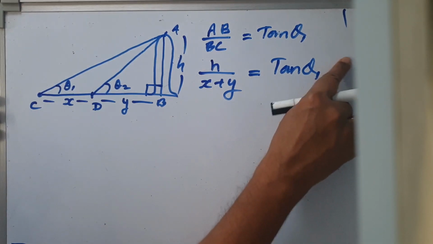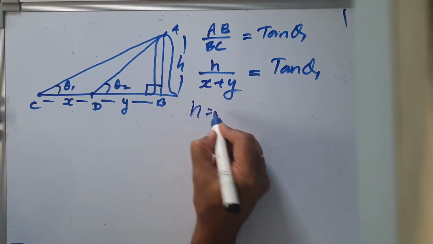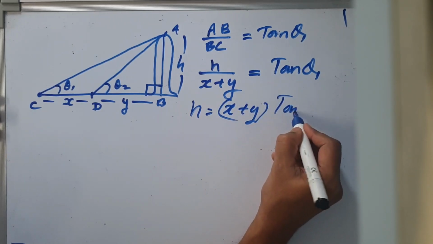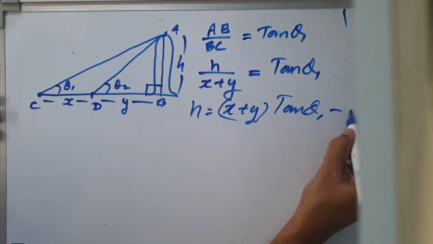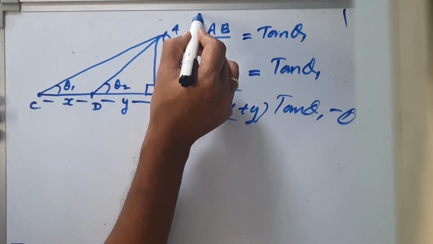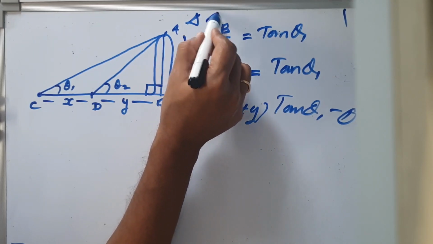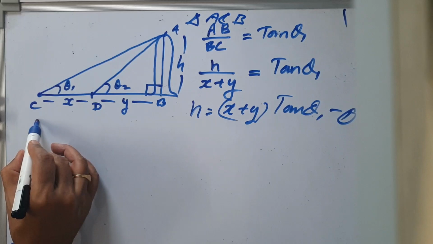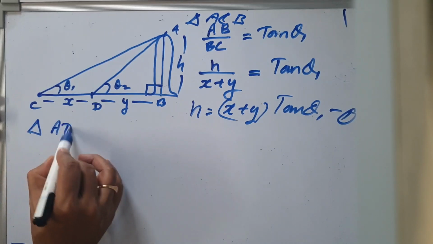Let us cross multiply this. What is H equal to? It is X plus Y into tan θ1. Put this as equation 1. This is from triangle ACB. Now write the triangle ADB.